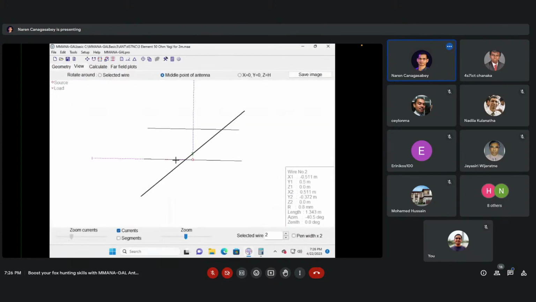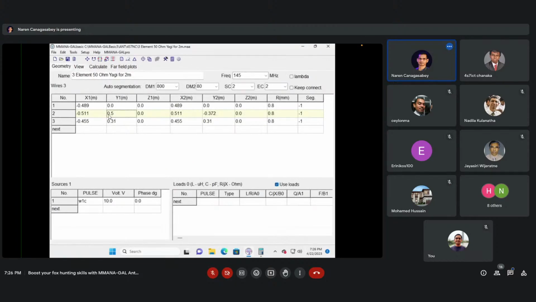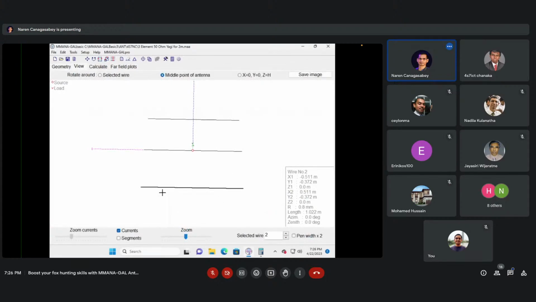You can see how it has shifted. So it's these coordinates which actually define the positioning of the elements. So let's go back to 0.372. You can see the antenna, the element.